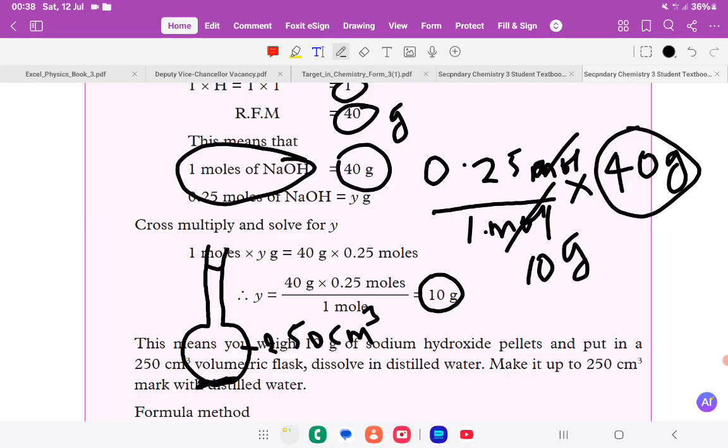So once dissolved, maybe initially you shall put a little water to dissolve the pellets.